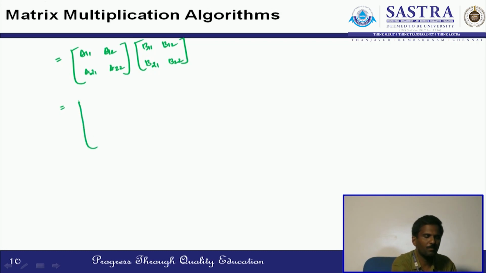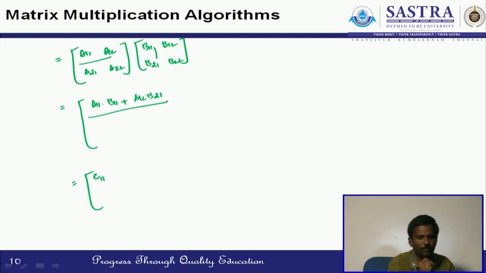That means here this is the first row and first column. A11 is multiplied with B11 plus A12 is multiplied with B21, so that we will get the resultant element C11. Then C12 is obtained by multiplying the first row and second column: A11 B12 plus A12 B22.